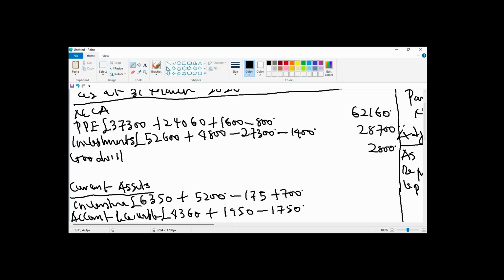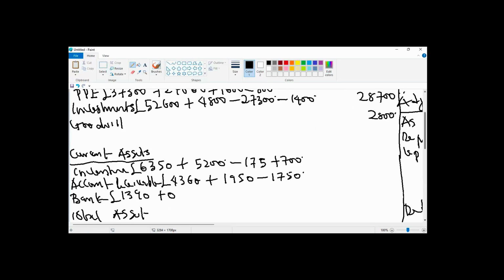Then inventory: 6350 plus 52 minus 175 plus 700.